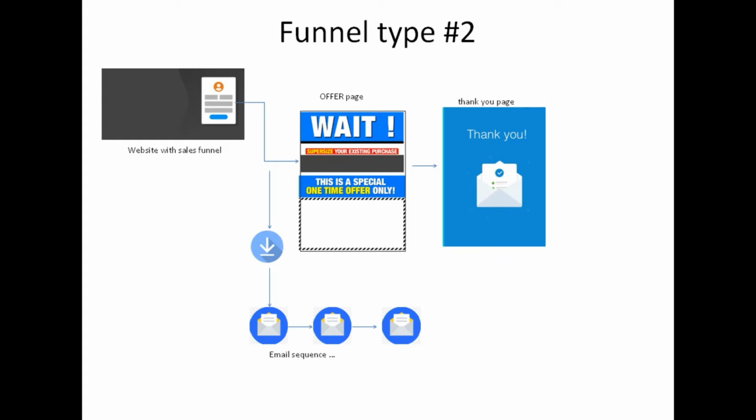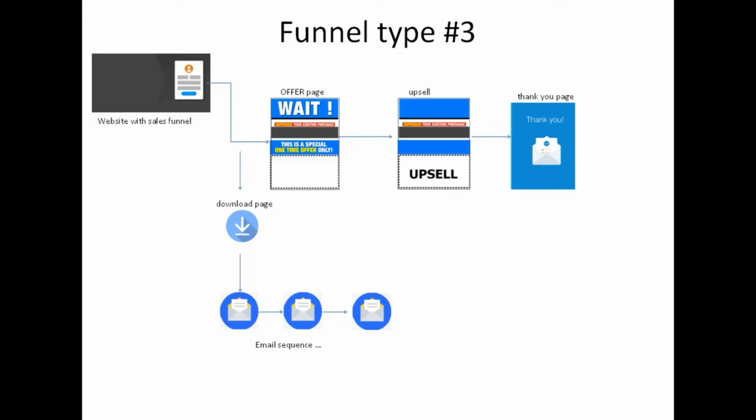Now let's look at the third type of funnel. This is something a little more complicated. Here again leads will be captured and the first offer page would be shown to them. Along with that they will be plugged into an email sequence for whatever offer we are showing them. Again we will be providing them an upsell.